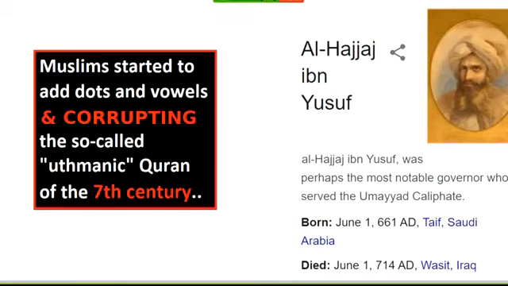Did Allah tell Uthman? Did Uthman become a prophet after Muhammad, and did Allah tell him to burn the Quran of Allah?